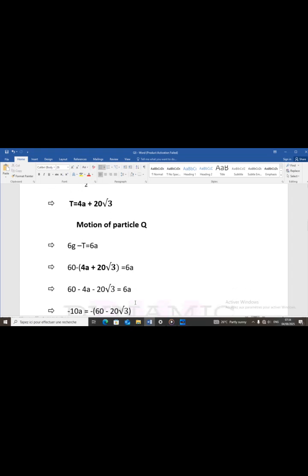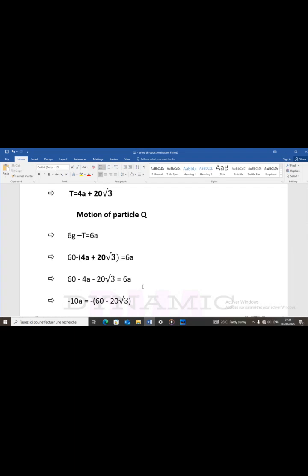We bring items together. We're going to have negative 10a equals, when this one crosses, it becomes positive 20 root 3. Now when 60 crosses, it becomes negative 60. When you factor out negative, you're going to have negative times (60 minus 20 root 3), because if we open this bracket back, you're going to have negative 60 plus 20 root 3.